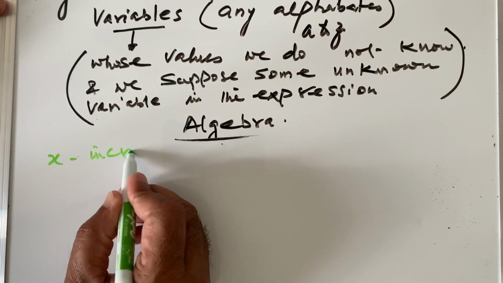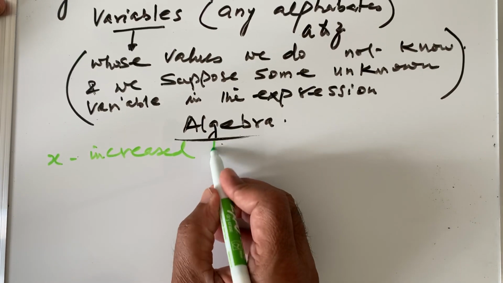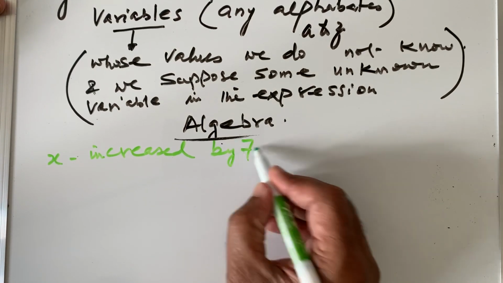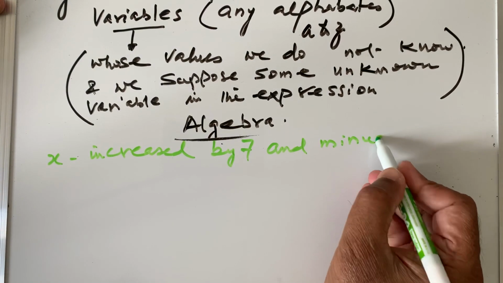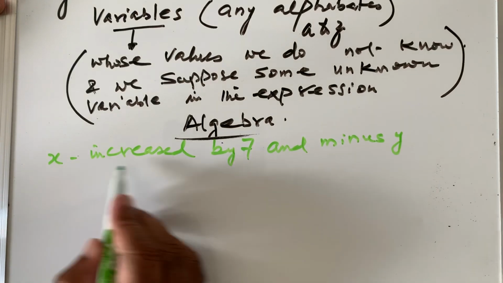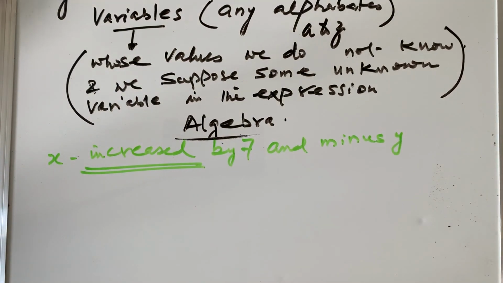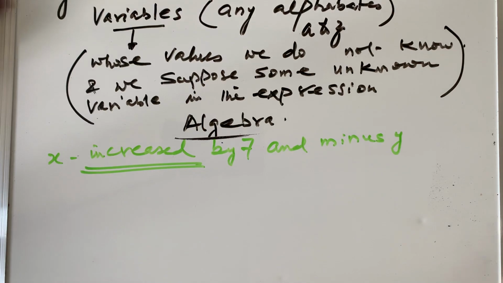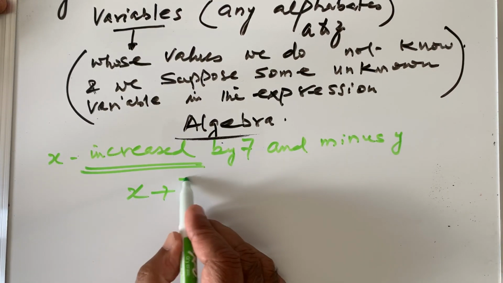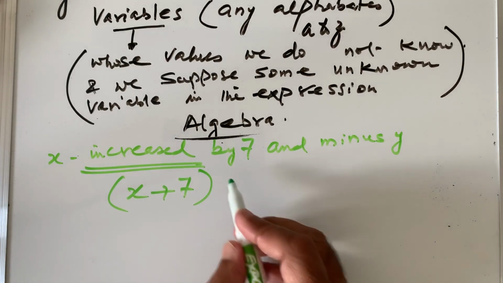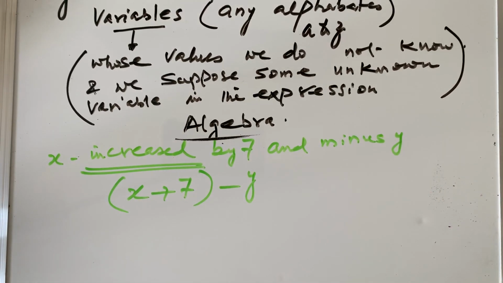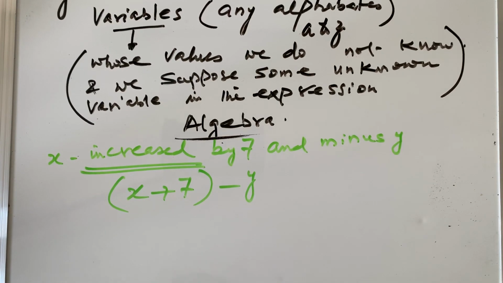Increased by 7 means x plus 7. So x increased by 7 and minus y is x plus 7 minus y. This is your statement, right? So read the statement and write down the algebraic expression accordingly. It is fun in algebra.